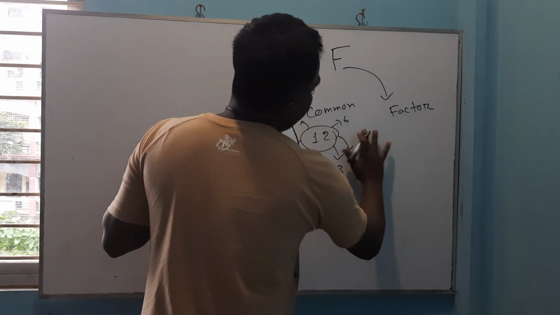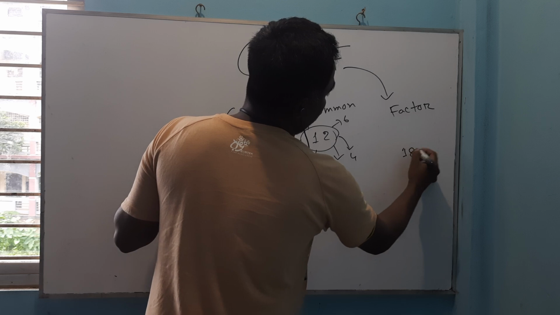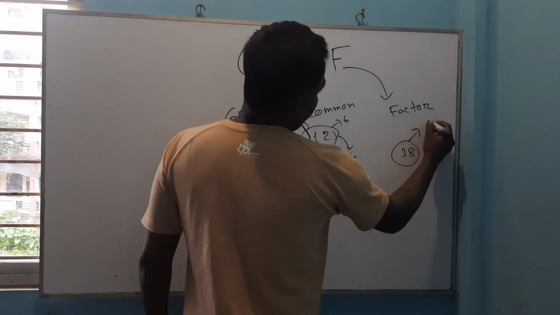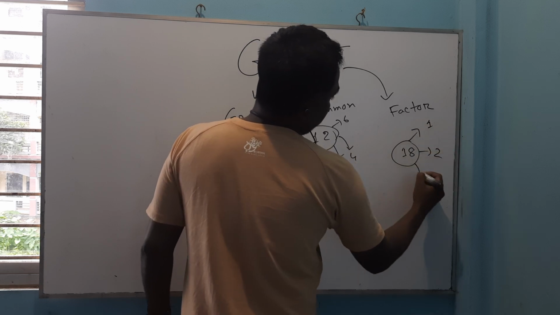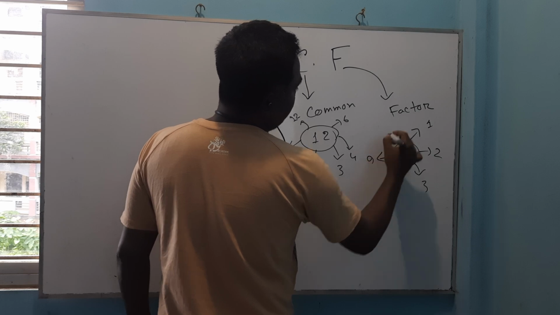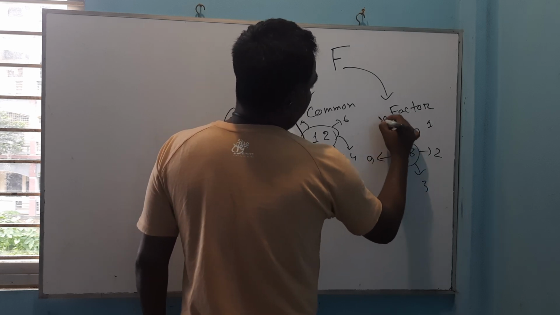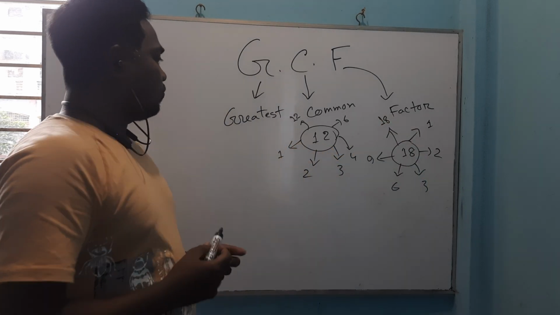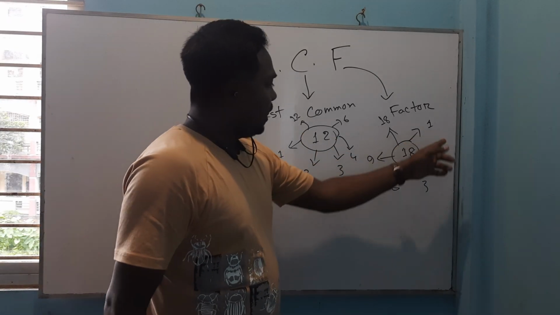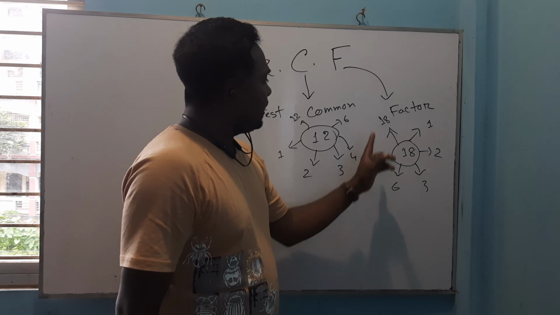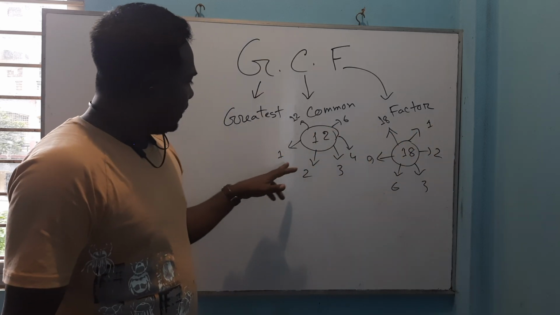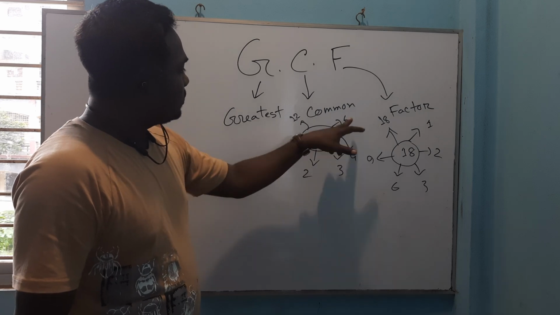Now the other number, 18. This number is divisible by 1, 2, 3, 6, 9 and 18. These are the factors of 18, and 1, 2, 3, 4, 6, 12 are the factors of 12. Now, if we write them down, the factors of 12 are 1, 2, 3, 4, 6, 12.